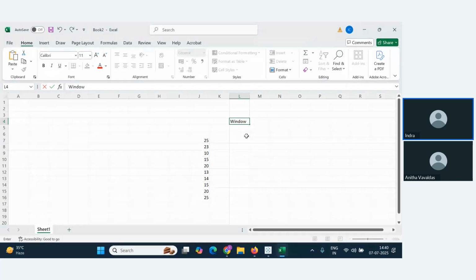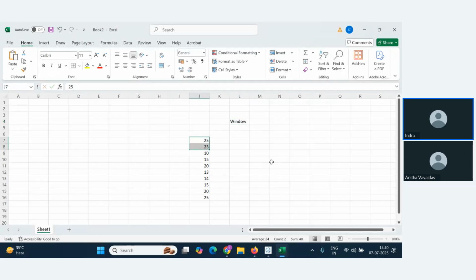In simple words, this window is nothing but the number of numbers you want to take. Let's say I define the window as 2. Ideally, the first value is going to be 0 or null. In the second value, it will take the sum of these two values, divide by 2, and show me the answer. If you sum these two values, it comes out to 48, and 48 divided by 2 is 24. This is moving average.